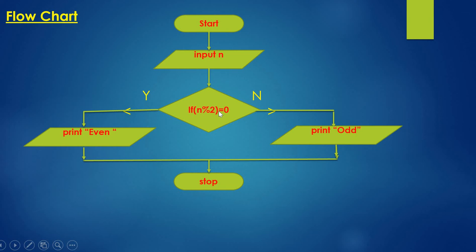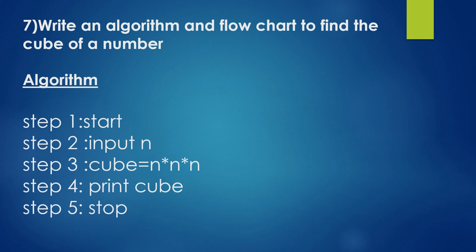If n mod 2 equal to 0 is true, yes or true, then we can print that the number is an even number. That print statement should be in a parallelogram symbol. Otherwise we print it is odd. After that, stop. This is the flowchart to find out whether the number is even or not.